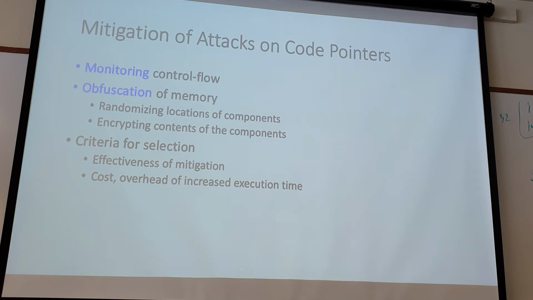Usually the monitoring-based approach is costly if we reduce the grain size to a really small one. So to meet the cost requirement, they increase the grain size, and then they may lose some attacks. They cannot detect some really fine attacks if they increase the monitoring grain size.